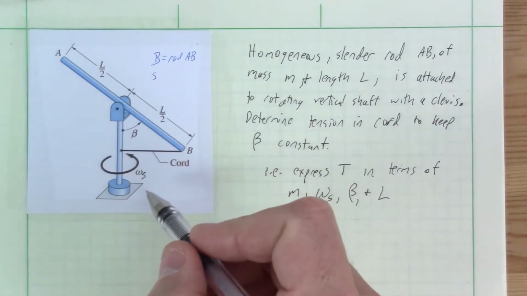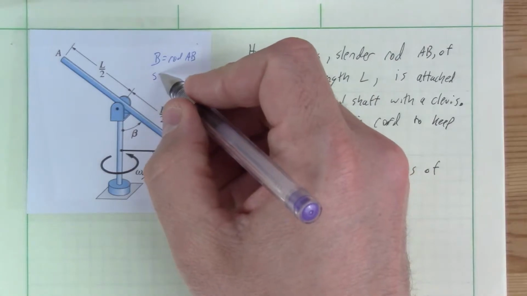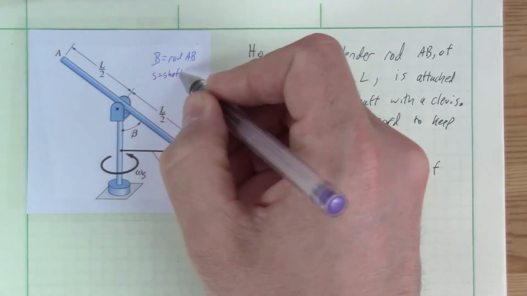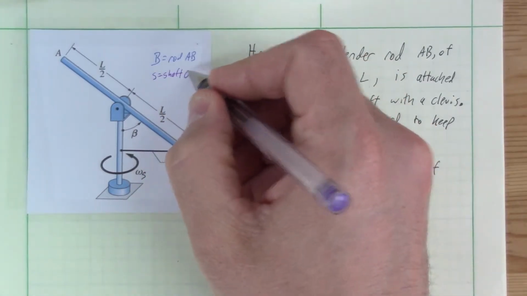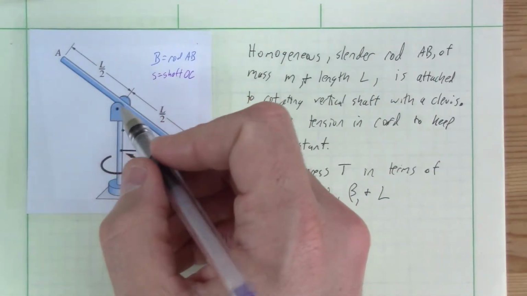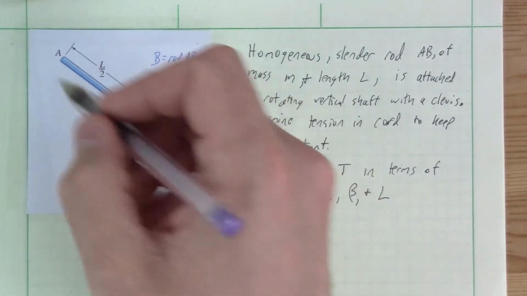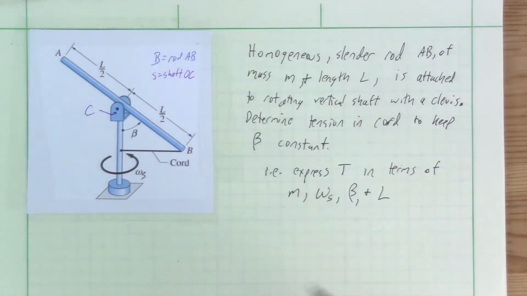So that's why I called it omega sub s. That's the omega of the shaft, but it's also of the secondary reference frame. So this is shaft O to C. I'm going to call this point right there C, so it's a point, and know that it's also the G for the slender rod.